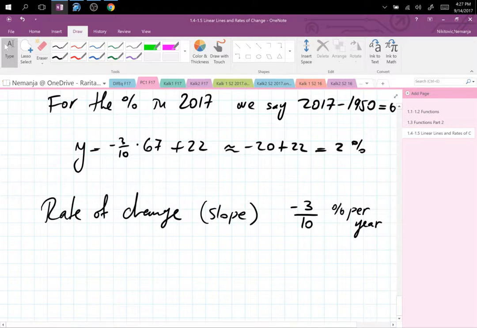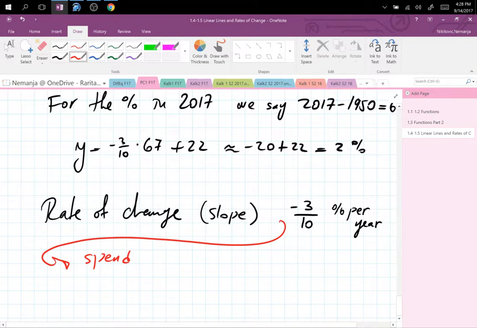So the statement is spend 3% less every 10 years. That's what that statement means.